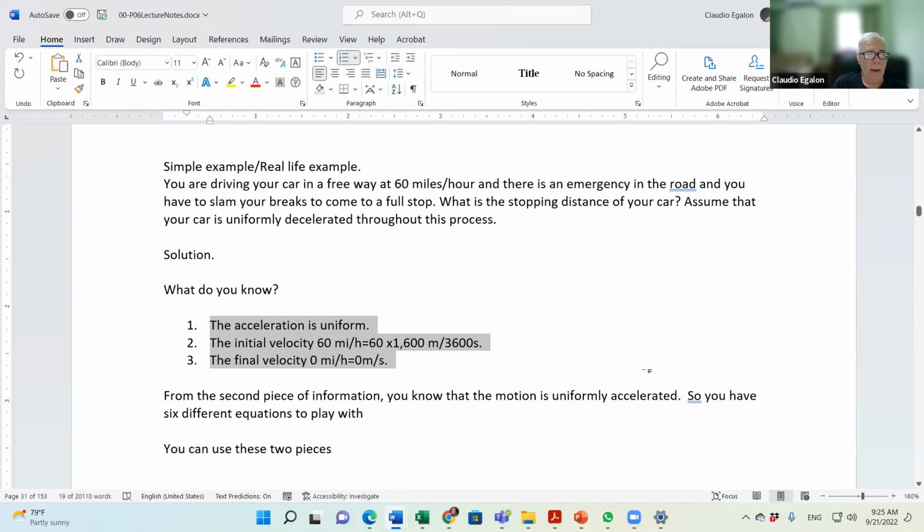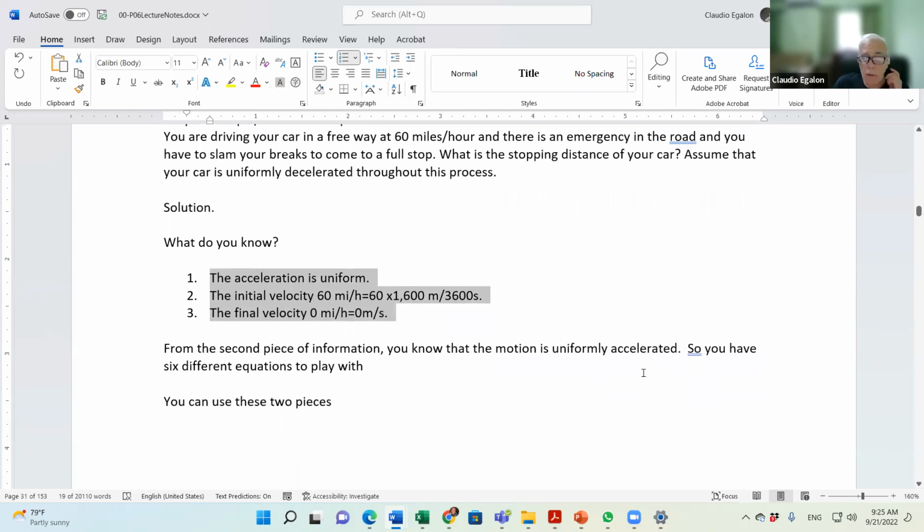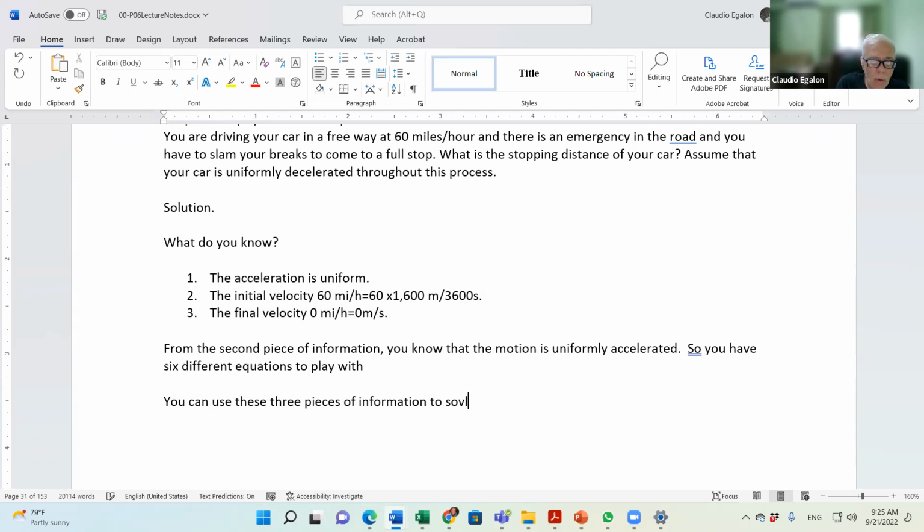Okay. So what I want you to do is do that on your own. I'm not going to solve the problem, okay? You can use these three pieces of information to solve the problem. That's what we call the problem of the stopping distance.